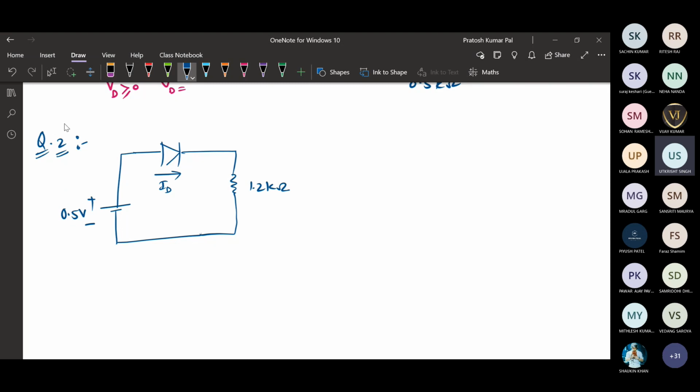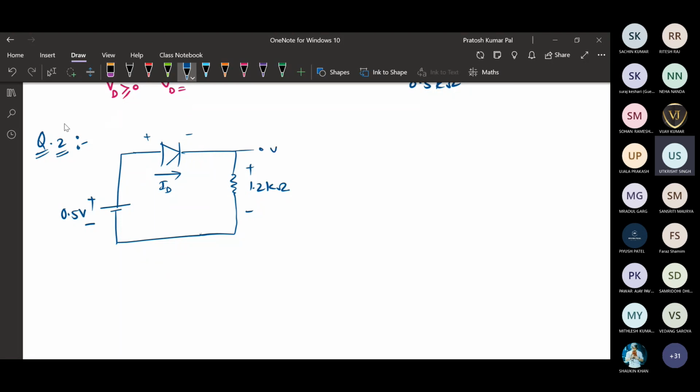Here also, this is the conventional circuit structure that everyone can understand. So this is plus minus and this is plus minus.